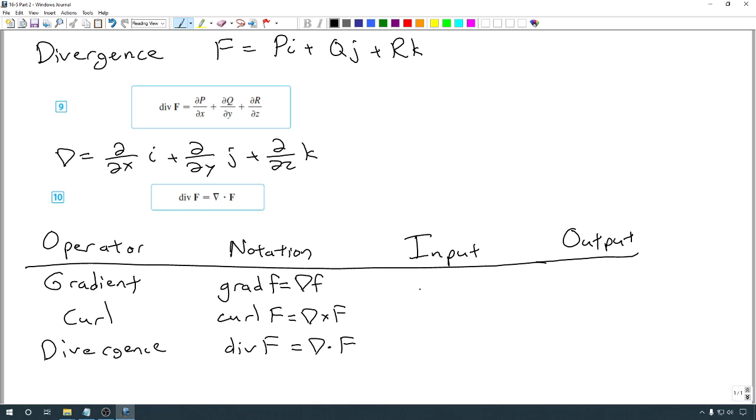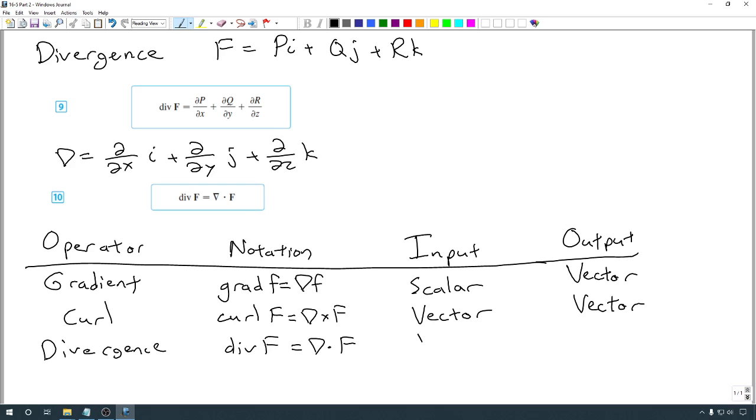We take the gradient of, you could say, a scalar function. This is a function of x and y, or x, y, and z, and what we get out is a new vector. With the curl, we put a vector field into it, and we get a brand new vector field out of it. So we actually don't change the type of object that we have by taking the curl.